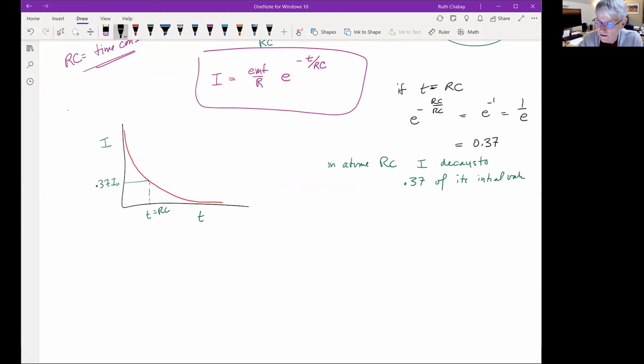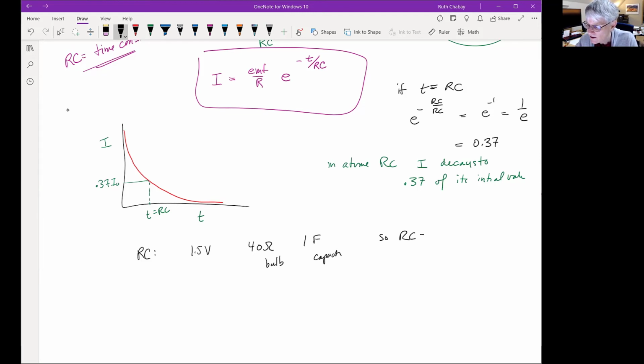So for the circuit that we actually looked at, we had a 1.5 volt battery, a 40 ohm bulb, and a 1 farad capacitor.